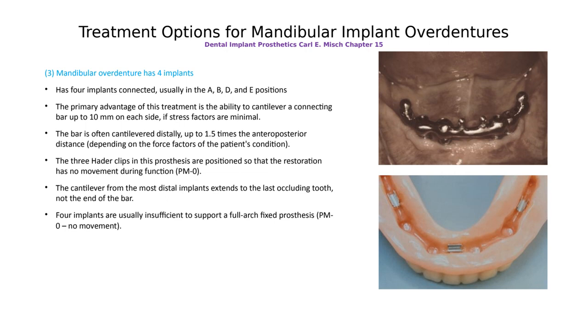The cantilever from the most distal implants extends to the last occurring tooth and not the end of the bar. 4 implants are usually insufficient to support a full arch fixed prosthesis where we have no movement, all right?